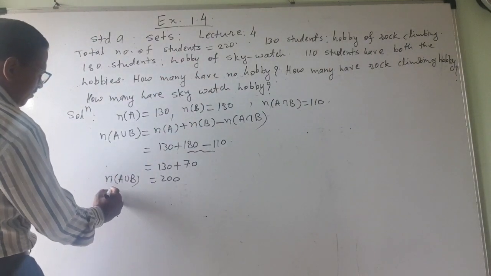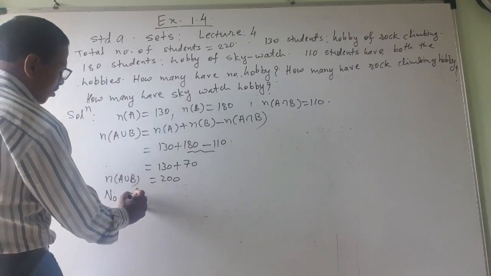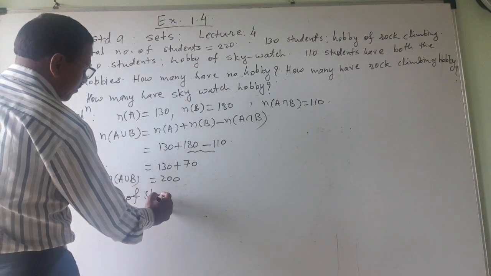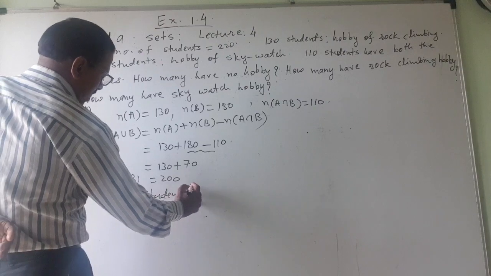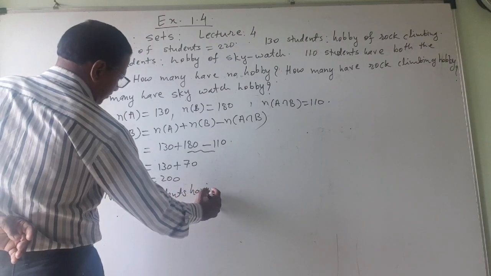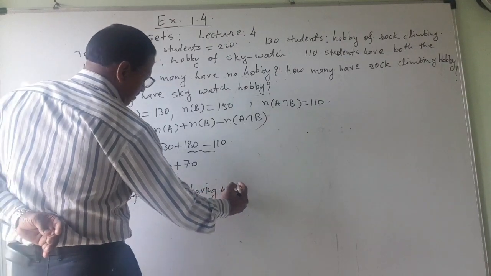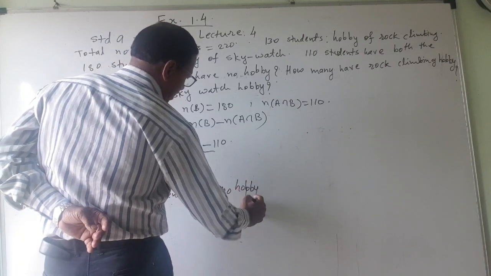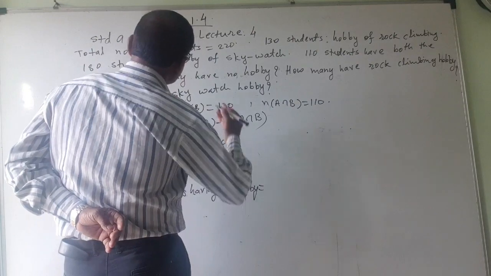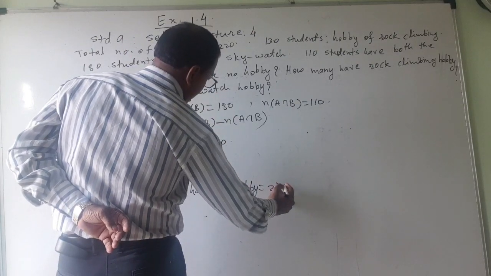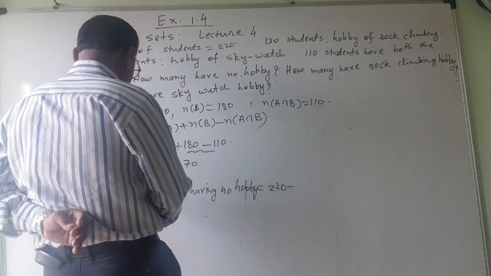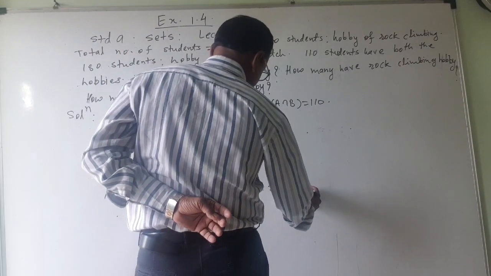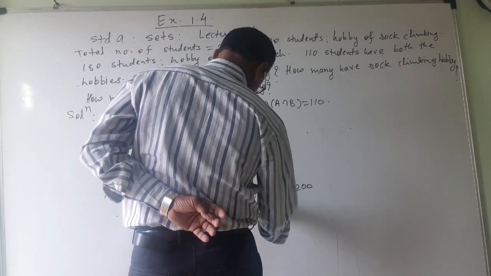Number of students having no hobby is equal to total 220 minus having the hobby 200, that is equal to 20.